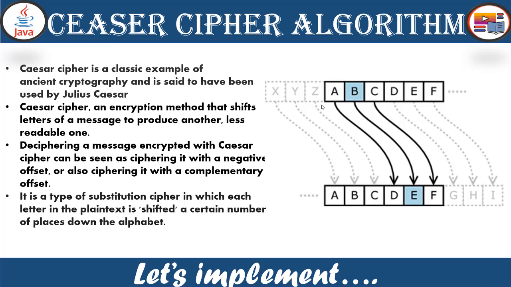That message would be sent to the authorized or authenticated person who knew the algorithm, so that they could decrypt it. So this is how this very simple Caesar cipher algorithm was used for encryption and decryption in the ancient period.